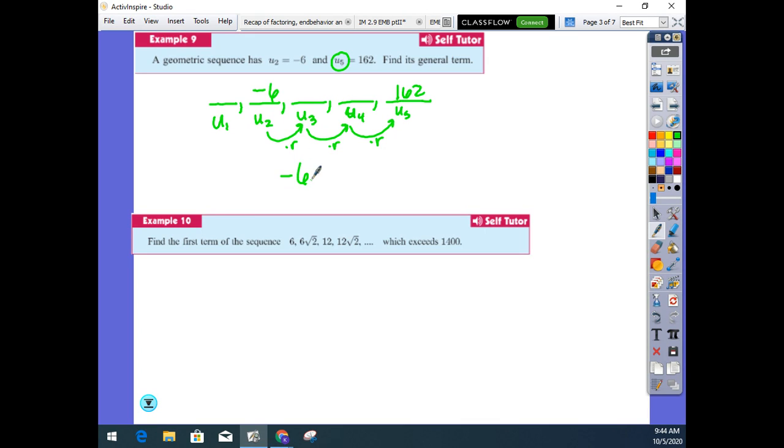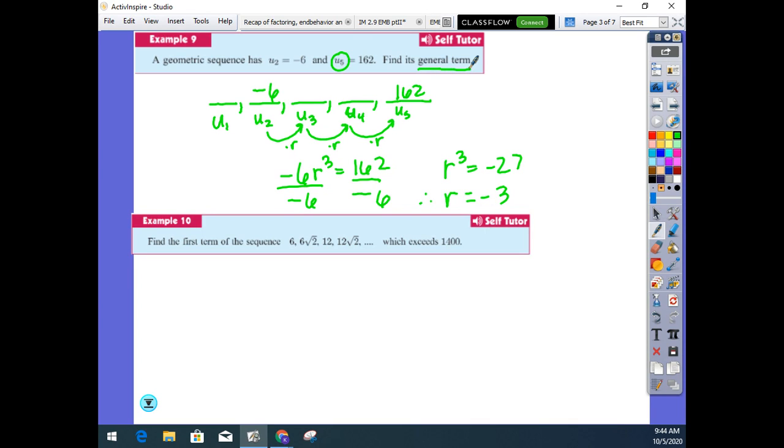I'm going to take -6 times r to the third, and that gives me 162. Then I can divide, and r to the third equals -27. Therefore, r equals -3.